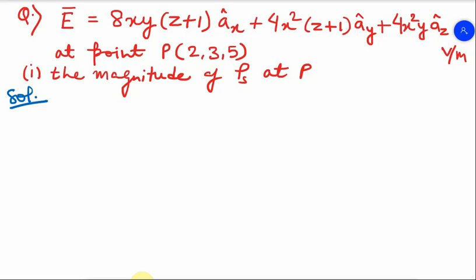Now, what is E at P? The point P is (2, 3, 5).